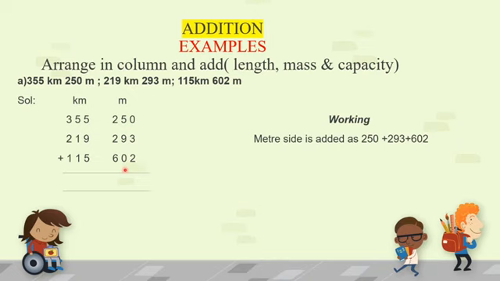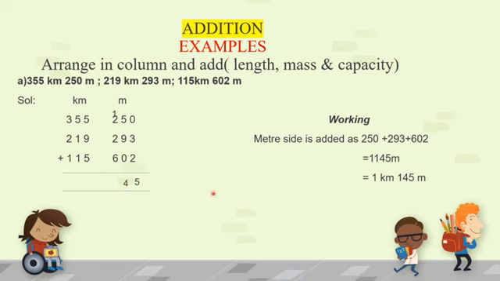Meter side is added as 250 plus 293 meter plus 602 meter, which says 0 plus 3 plus 2 is 5. 9 plus 5 is 14, shift 1, and then you add 6, 7, 8, 9, 10 and plus 1 is 11. So we are getting 1145 meter.